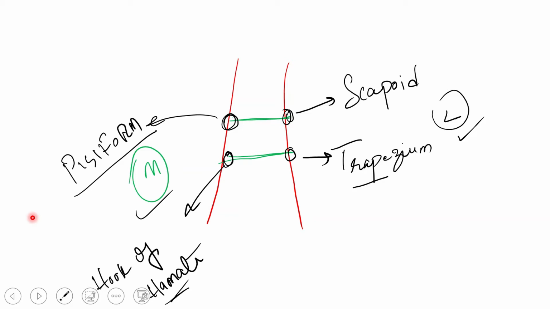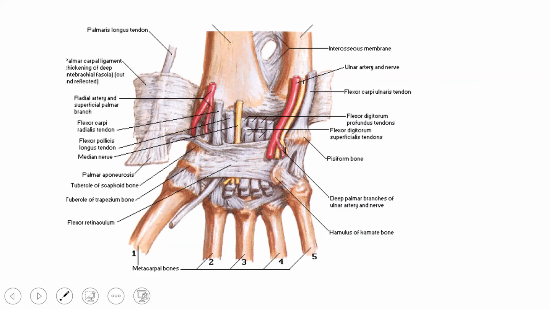Along the distal border, we can see this retinaculum merging and becoming continuous with the palmar aponeurosis, to which it gives attachment. Other than the palmar aponeurosis, the retinaculum also gives attachment to the thenar and the hypothenar muscles along its distal border. So this is about the attachment of the flexor retinaculum.